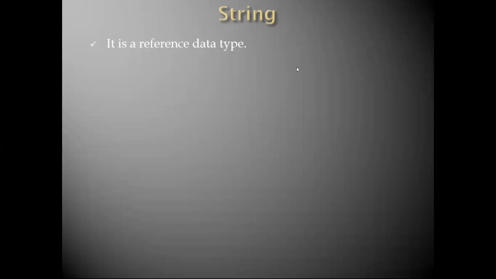We have the primitive type char, right? So any combination of characters within double quotes is a string. And this is string construction. How do you construct a string? You could do it like this or like this. We can construct it in either way.